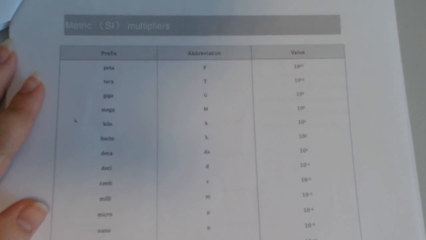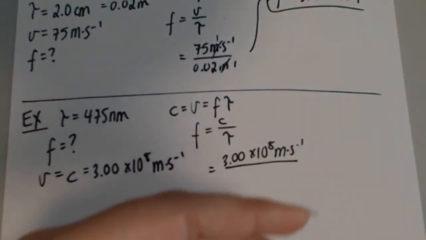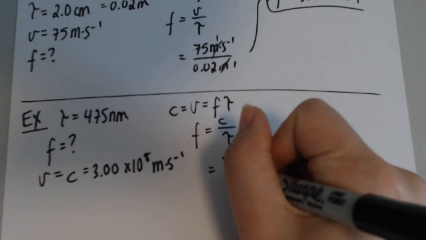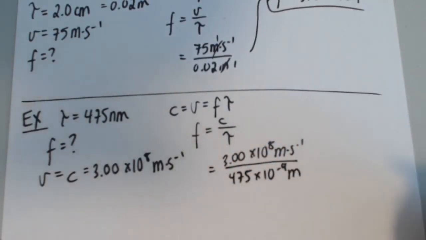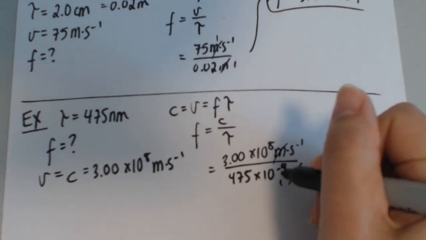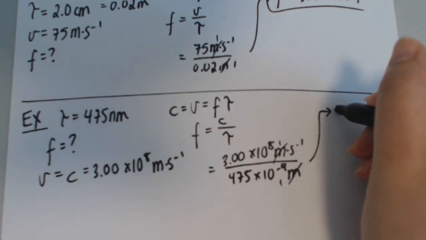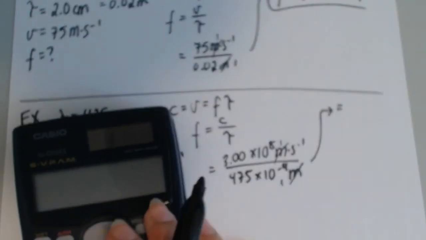We're looking at the metric multiplier prefixes. Nano is right here. Nano means times 10 to the minus 9. So whatever number you have, take out the n and replace it with times 10 to the minus 9. So 475 times 10 to the minus 9 meters. This way meters cancel with meters, and you're left with seconds to the minus 1, which is what you want.